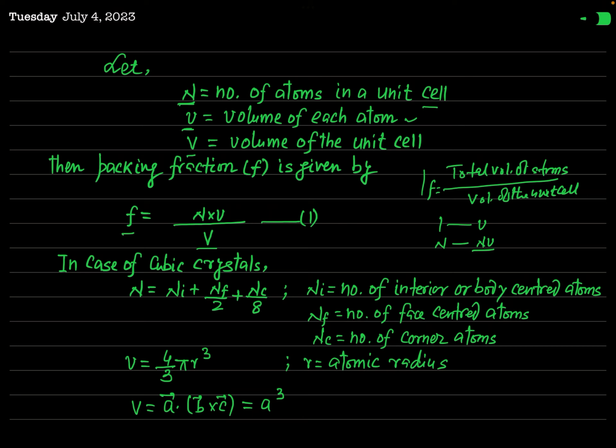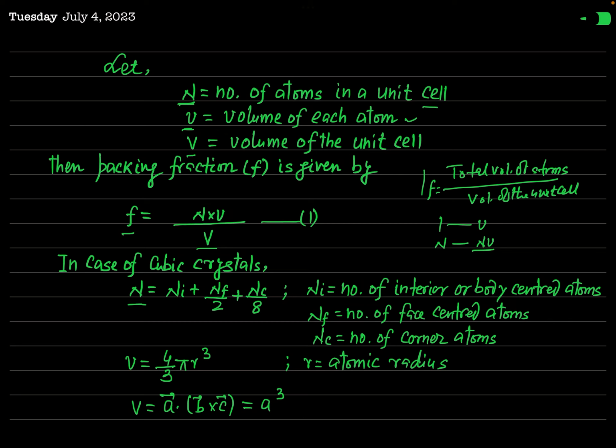As I have told you earlier, the calculation of these two parameters will be done in this lecture only for cubic crystals. So we will think about the cubic crystal only. In case of a cubic crystal, what is the total number of atoms in a unit cell? You have already learnt this in the previous lecture.